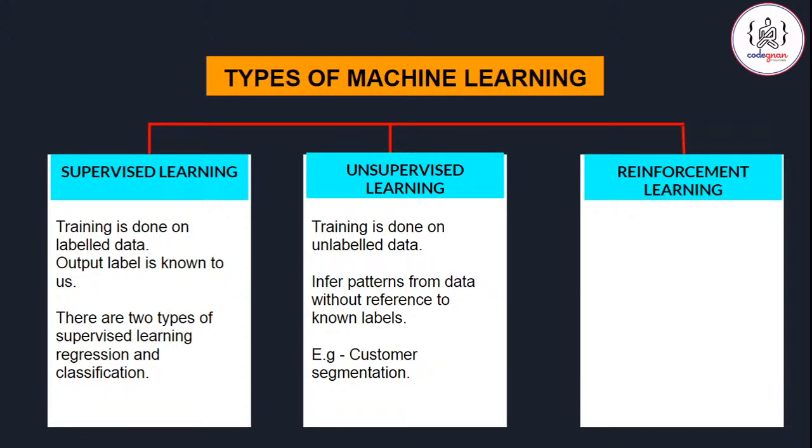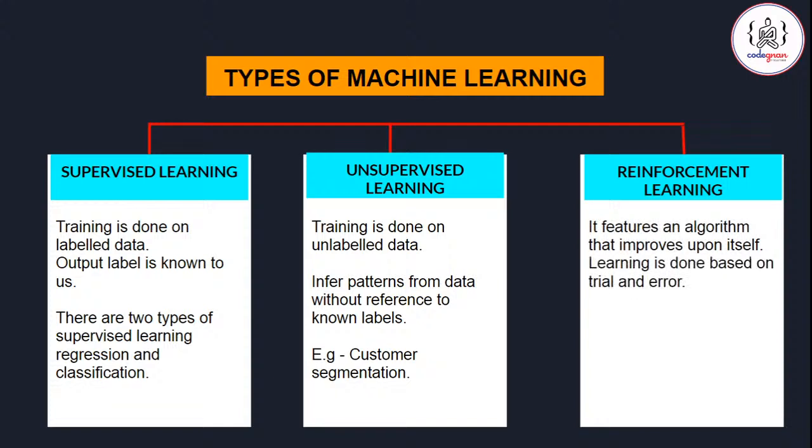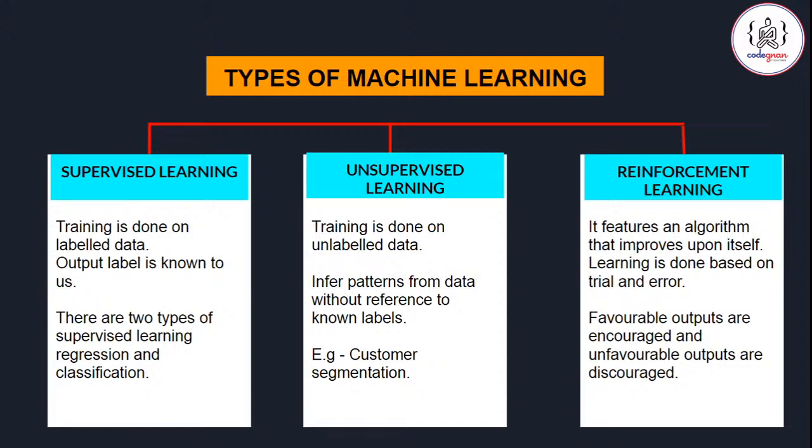Then there is something called reinforcement learning. This reinforcement learning is based on a trial and error method. So you encourage the outputs that are favorable and you discourage the outputs that are not favorable, right? And this is a continuous process, and your model keeps on improving.